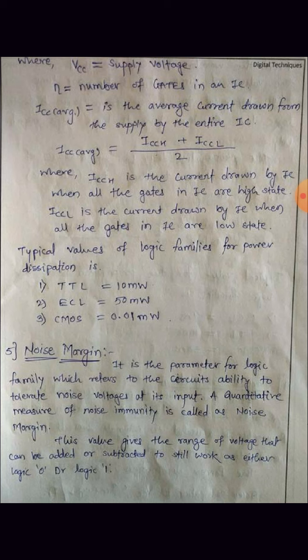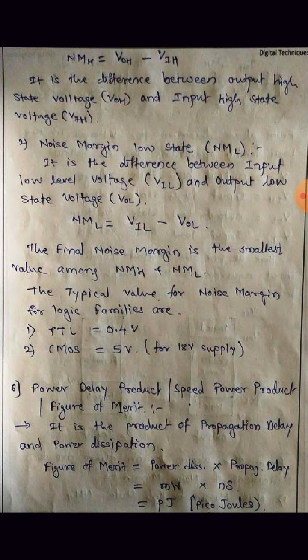In short, noise margin is the ability of that gate to not be disturbed due to unwanted signal, unwanted noise. See here, for the TTL noise margin is 0.4 volt, for the CMOS it is 5 volt.